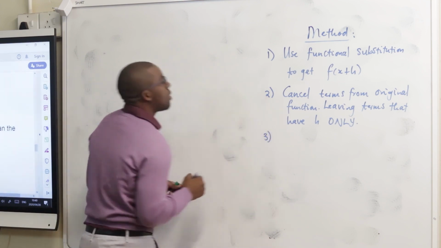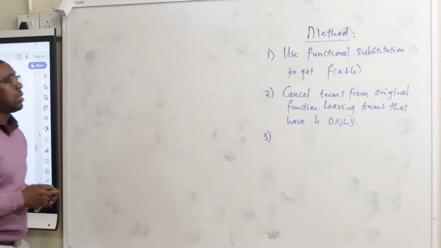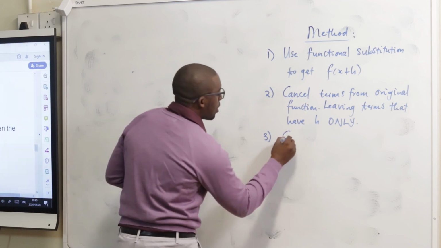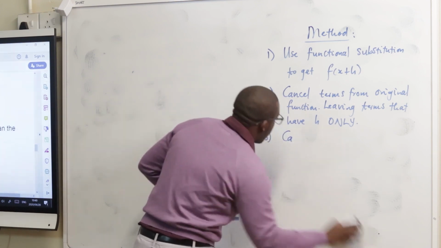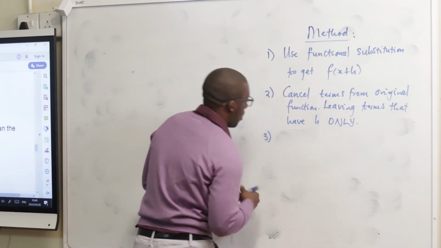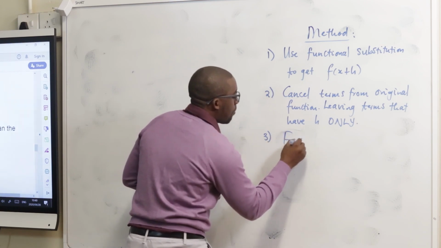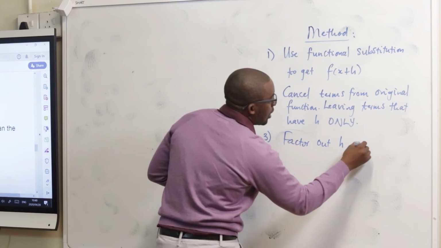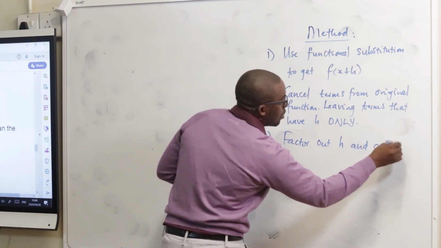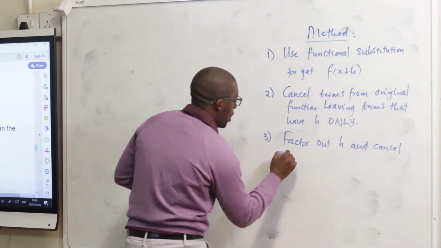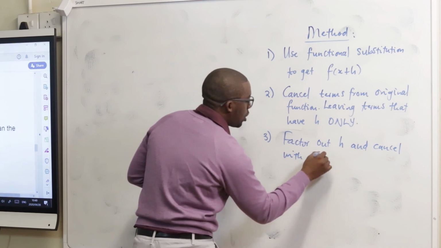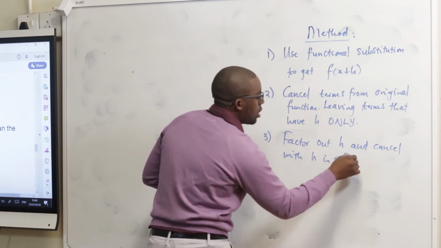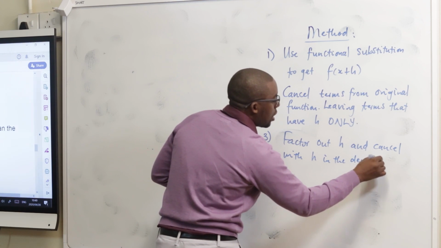Step number 3: factor out h and cancel with h in the denominator.